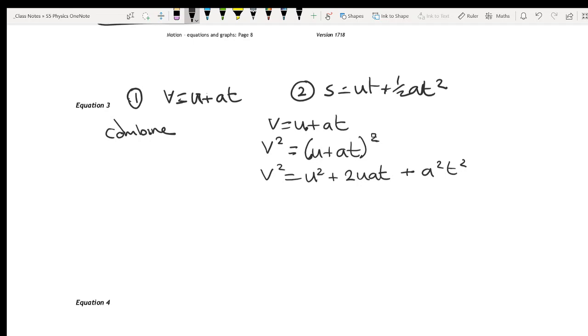I've just squared it, just randomly, because that's how you derive the next equation. But you'll see why, because the final equation has a v squared in it. So v squared is u squared, and if we take a 2a out, that's ut plus, well, we didn't have a 2a here, so we'd have to call it a half at squared.